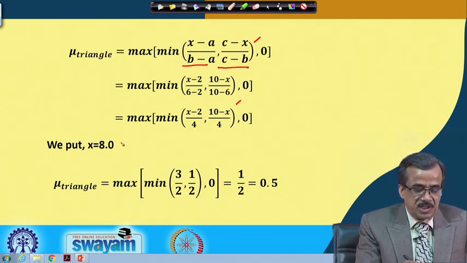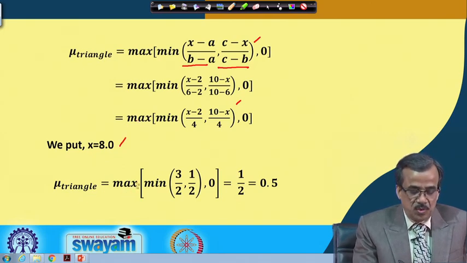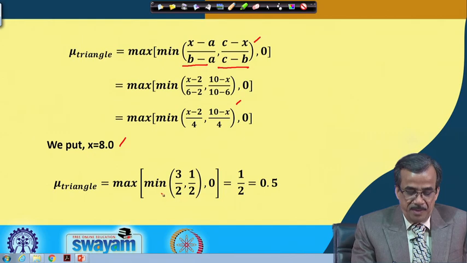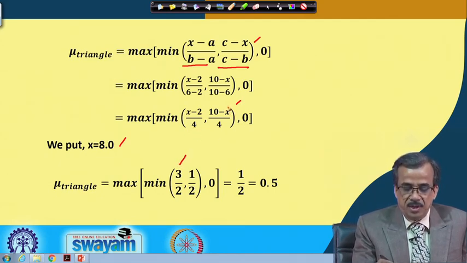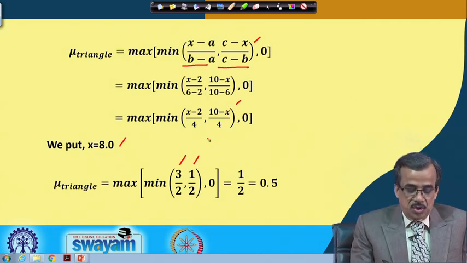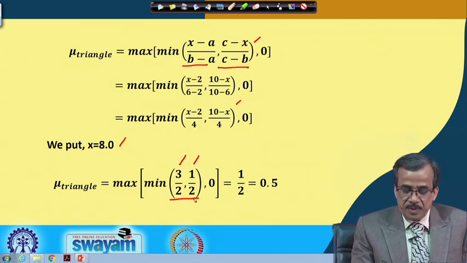Now, if we put x equals 8, then we get mu triangle equals the maximum of the minimum between: with x equals 8, this becomes 6 by 4, which is nothing but 3 by 2. And if I put x equals 8 here, this becomes 2 by 4, which is nothing but 1 by 2. So, we find the minimum between 3 by 2 and 1 by 2, and the minimum is half.